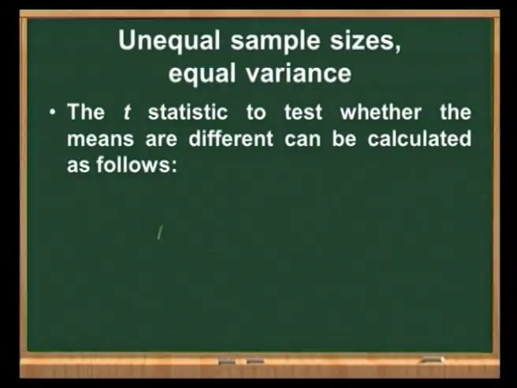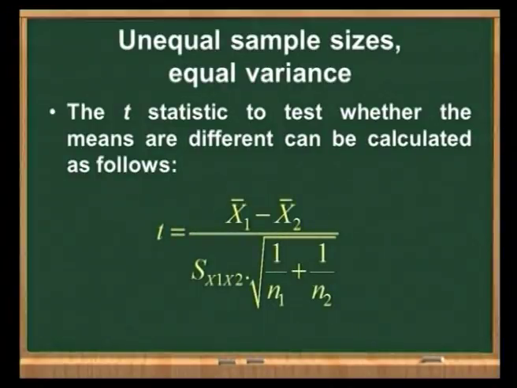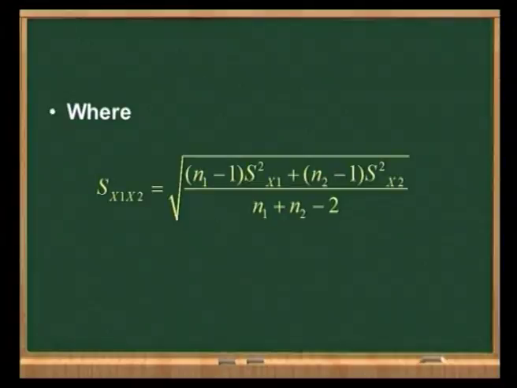T is equal to x1 bar minus x2 bar divided by S x1 x2 times the root of 1 by n1 plus 1 by n2, where S x1 x2 is equal to the root of (n1 minus 1) times S x1 squared plus (n2 minus 1) times S x2 squared, divided by n1 plus n2 minus 2.